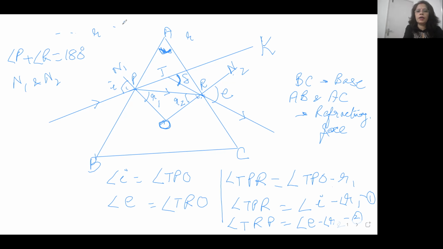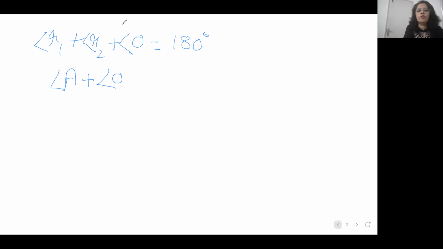So naturally angle A plus angle O will also be equal to 180 degrees. So from these two equations, we get that angle R1 plus angle R2 will be equal to angle A.